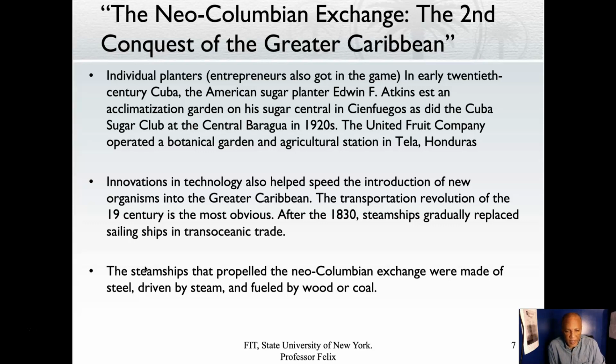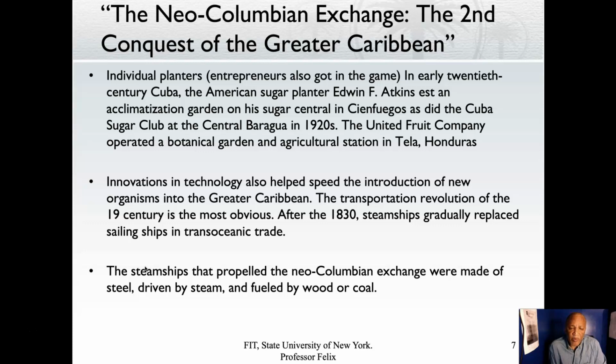So the steamships that propelled the Neo-Columbian Exchange were made of steel, driven by steam and fueled by wood or coal. That's very different from what we experienced in the early period, whereby ships relied on wind energy, and now they're being propelled by higher technology. The implications of that are great, and you will see that in the passage that you will read in Hypothesis.